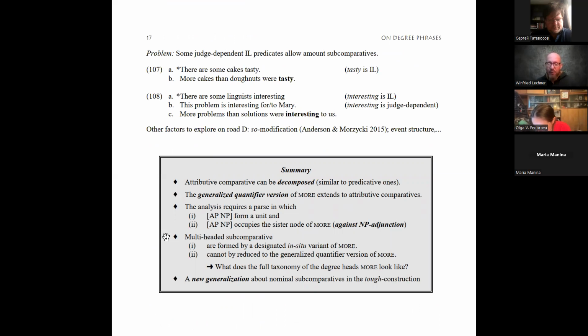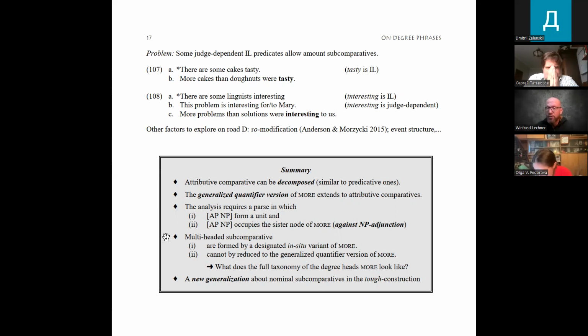Let me very briefly wrap up here. We have seen that a decompositional analysis of gradable adjectives makes sense and can be embedded in a particular phrase structure, and that actually allows us to choose among a triad, 3 different options. We've also seen that this is reconfirming previous ideas that I have been ventilating a while ago.